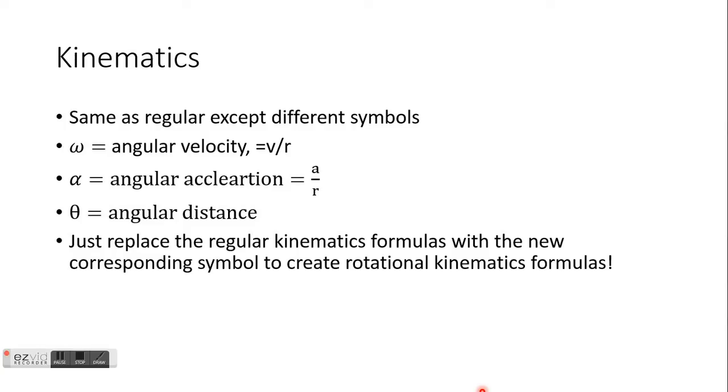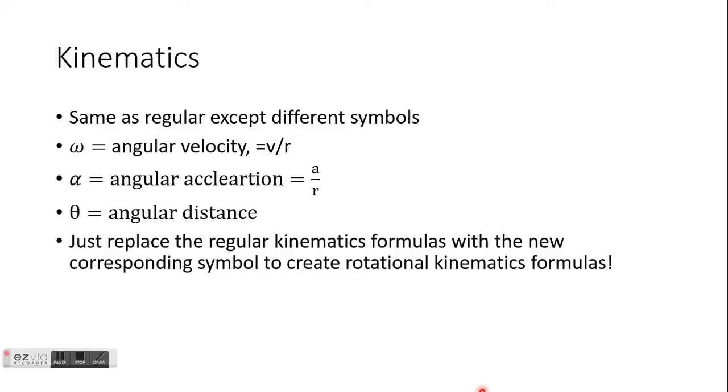So let's get started with kinematics. It's the same as regular kinematics, except there's different symbols now. So we have omega, which is angular velocity, and it's also equal to the velocity over the radius. So the velocity of the object divided by the radius of the circle it's traveling in will tell you the angular velocity. You have alpha, which is the angular acceleration, the analog for regular acceleration, and that's a over r.